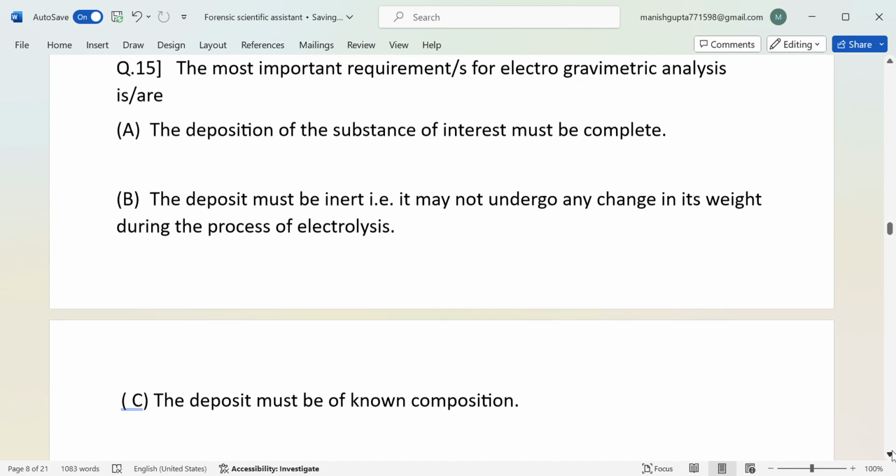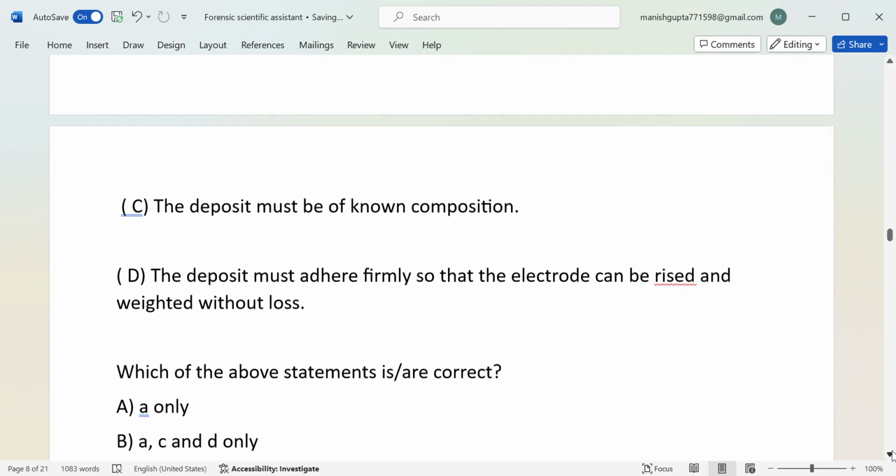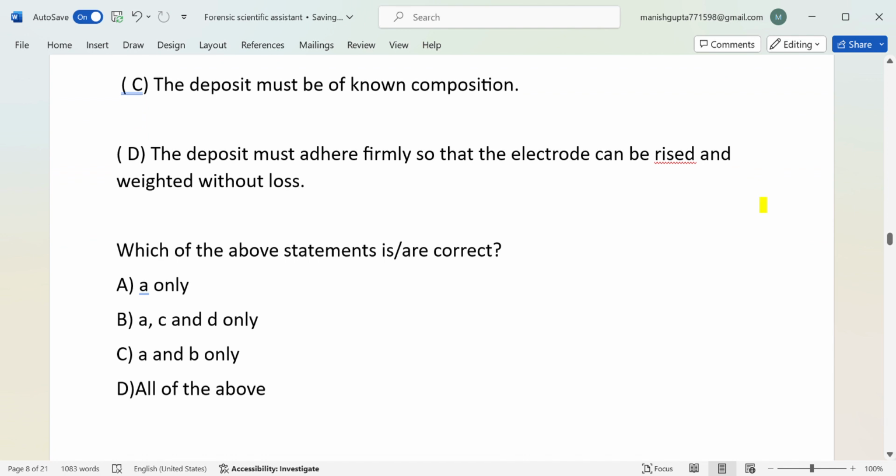Option number C, the deposit must be of unknown composition. Option number D, the deposit must adhere firmly so that the electrode can be raised and weighed without loss. We can see which of the statements is correct. So all the statements are correct. So option number D is correct.